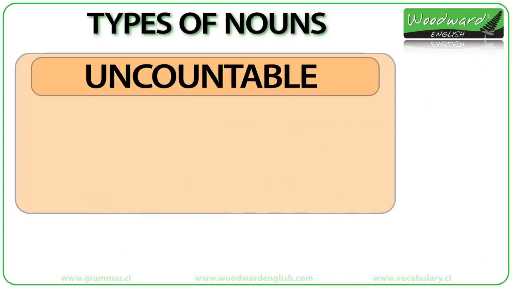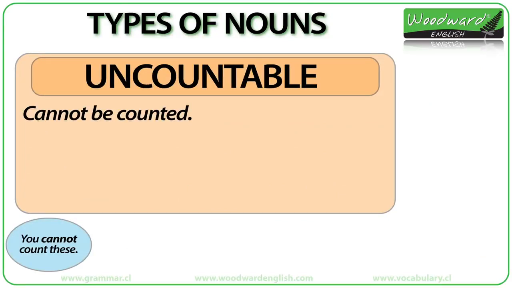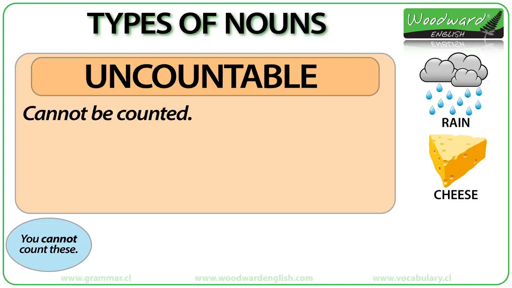Uncountable nouns. Uncountable nouns are nouns that cannot be counted. For example, you cannot count rain. No. You do not say 1 rain or 2 rains. No, it's not possible. So rain is uncountable. Cheese is also an uncountable noun because you can't count cheese in English.